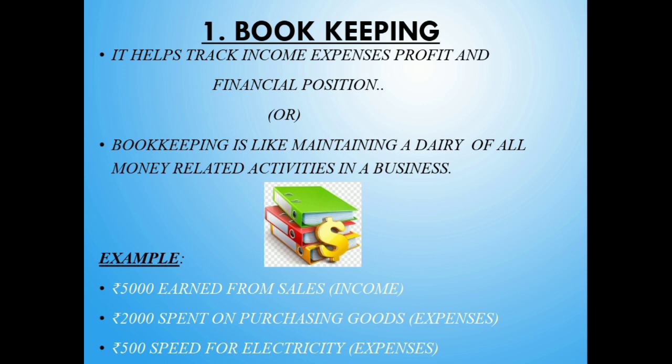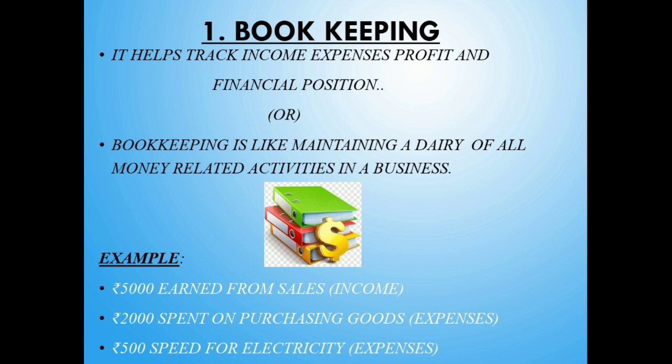In bookkeeping, we record all financial transactions systematically. Let's look at three transactions. Here, sales income: you earned 5,000 rupees from sales. This is your income. And goods purchase: you spent 2000 rupees to buy goods.